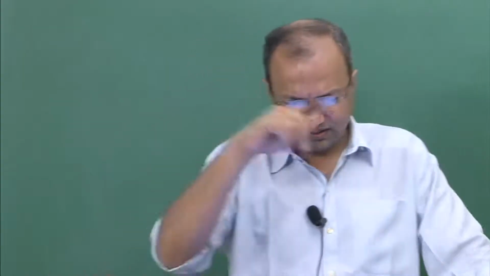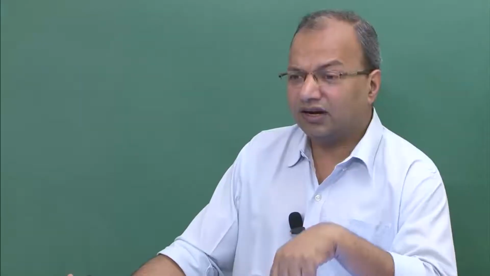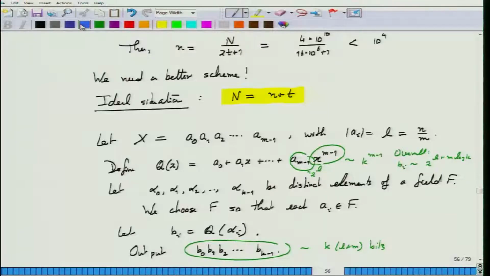And the size of an element of F_p is only log p bits long. In fact, going back to the particular finite field I earlier talked about, it very naturally fits in here. We choose each a_i to be L bits long.